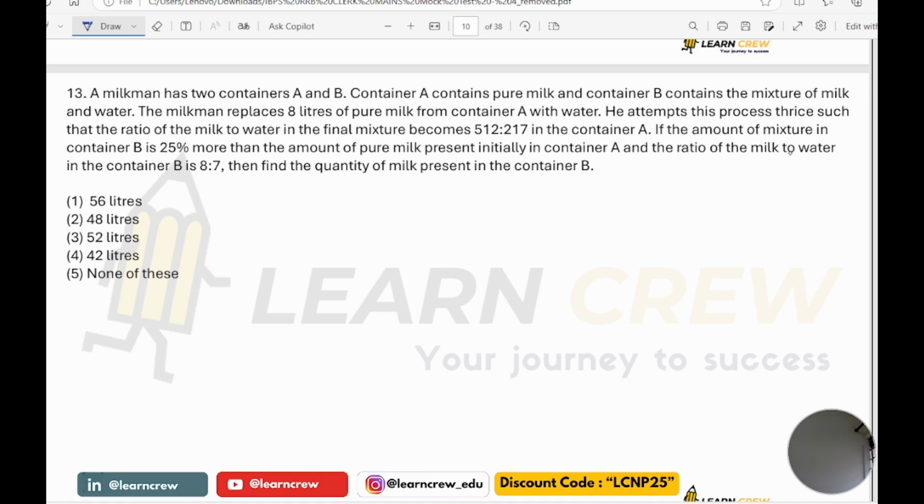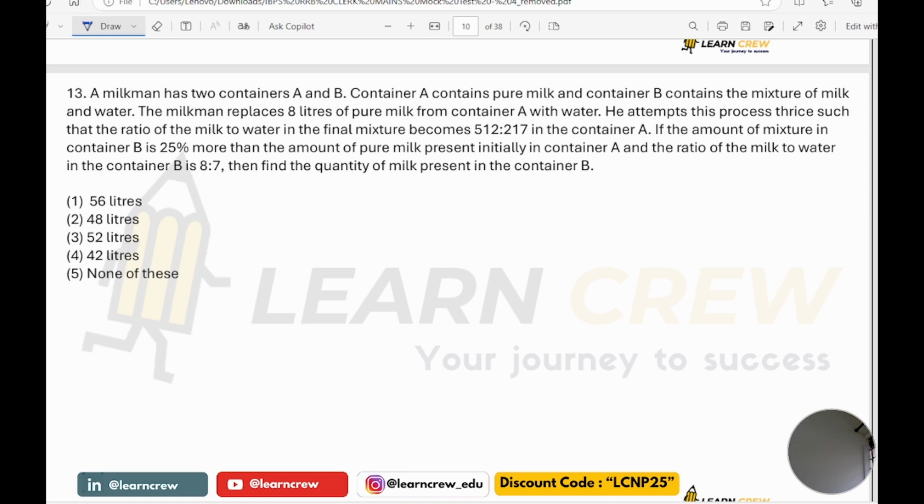He repeats this process thrice, so that the ratio of milk to water in the final mixture becomes 512:217 in container A. If the amount of mixture in container B is 25% more than the amount of pure milk present initially in container A, and the ratio of milk to water in container B is 8:7, then find the quantity of milk present in container B.